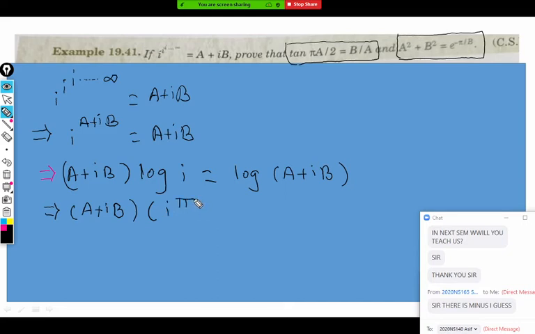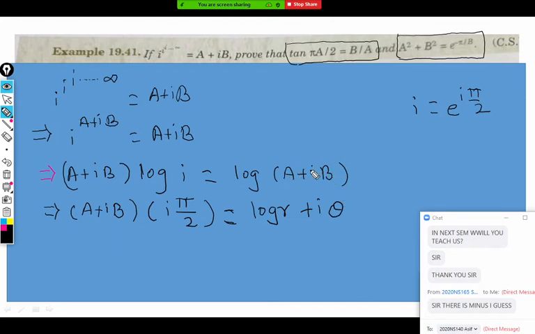Can I write i pi by 2 directly? i is equal to e raised to i pi by 2, and log i, if you take on both sides, is i pi by 2 only. And on this side, we take log r plus i theta. We use the definition because a and b are not given.